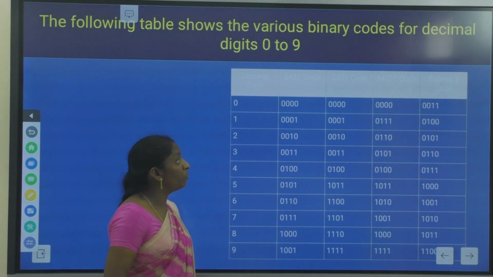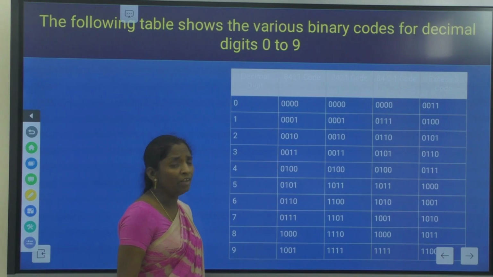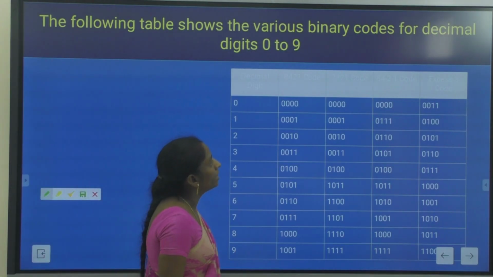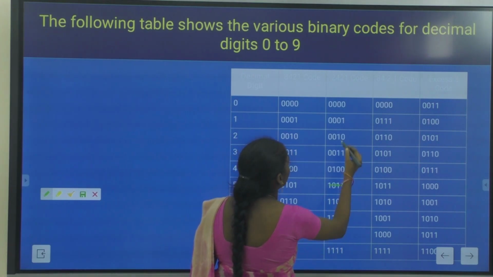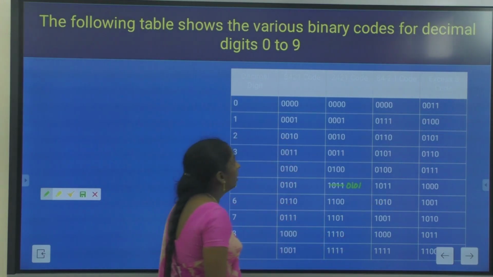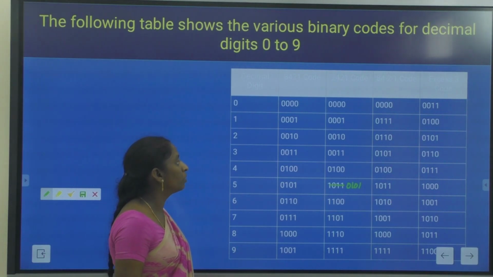So in the 2421 code, the bits up to 5 are the same as the 8421 code. To represent 5, it is 4 plus 1, 5 only, so 0101. So till 5, the 2421 code is equivalent to the 8421 code.